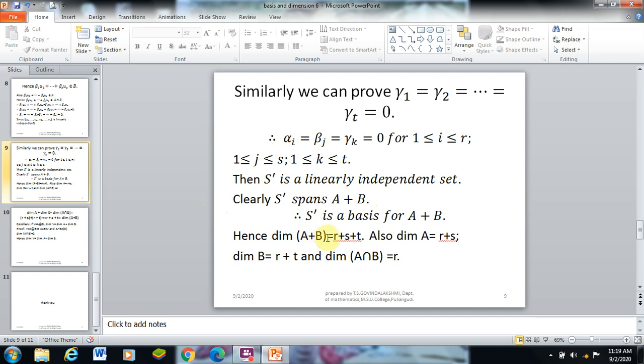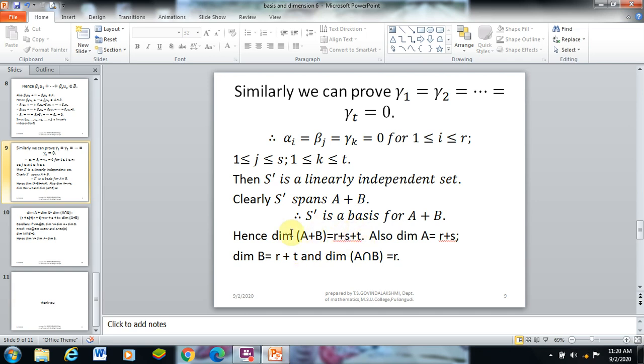Hence the dimension of A plus B equals r plus s plus t. Here the dimension of A plus B means the set of vectors in A plus B has r elements, s elements and t elements.